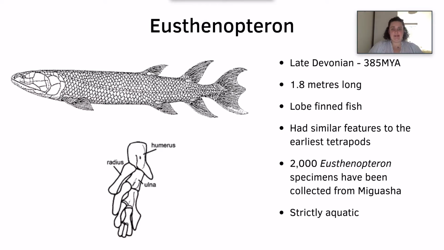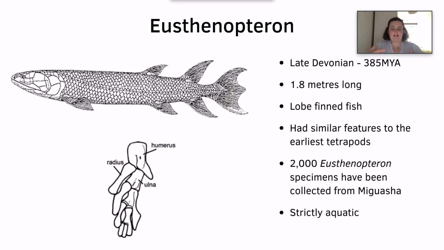Eusthenopteron was a lobe-finned fish found in Frasnian aged rock in Quebec, and that is late Devonian, around 385 million years ago. Eusthenopteron had very similar features to the earliest tetrapods, such as its pectoral and pelvic fins.